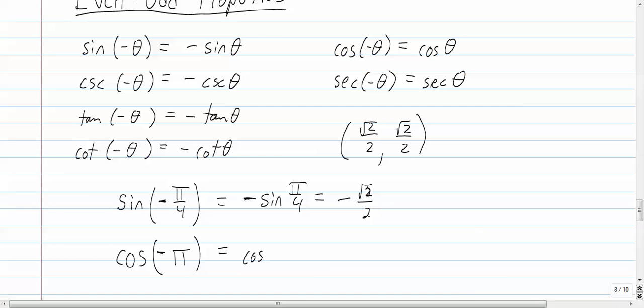So that's the same thing as the cosine of positive pi. Alright, and we remember positive pi is on the negative x-axis, and if we have the unit circle, that point is negative 1, 0, and cosine is the x coordinate on the unit circle, so negative 1.